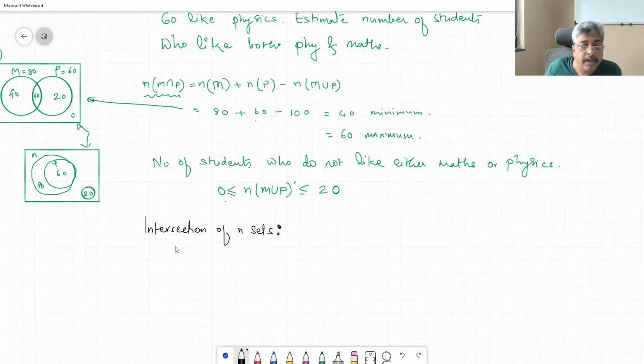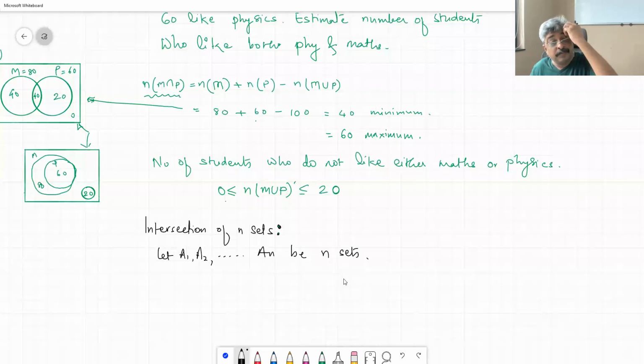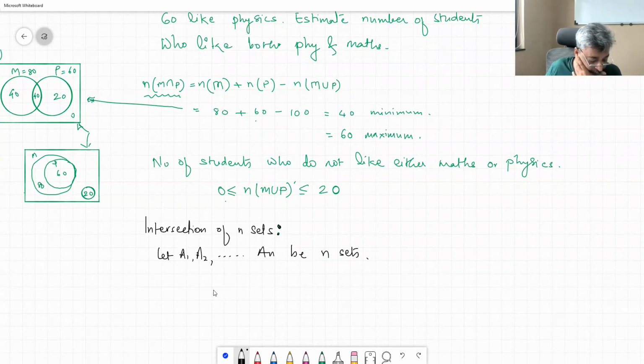Let A1, A2, ..., An be n sets. Now intersection of n sets is written like this.